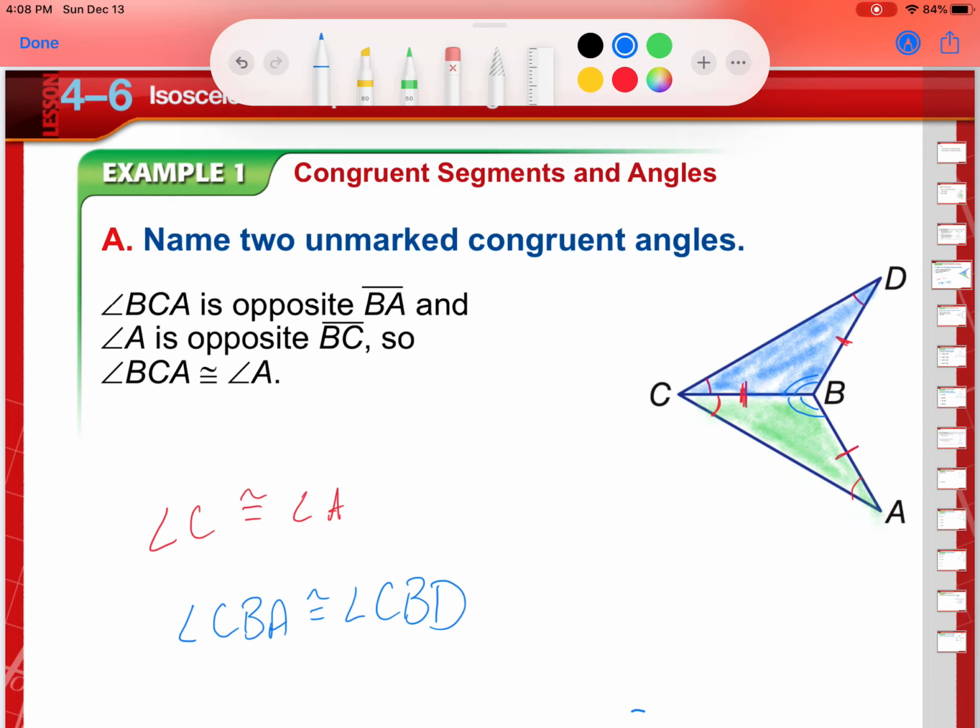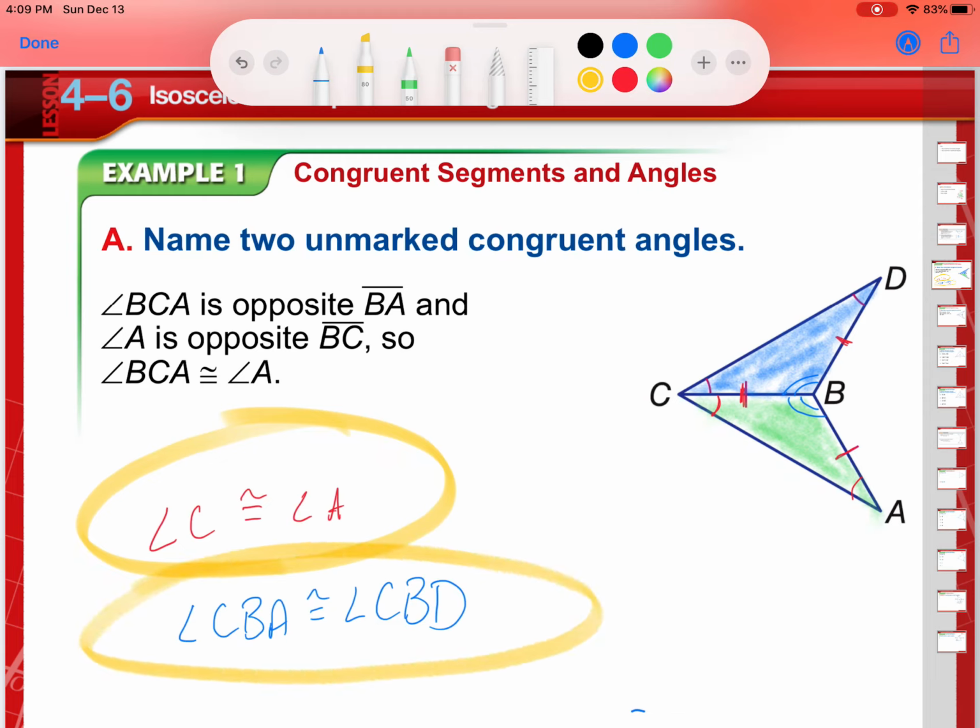Now, that one would have taken a little bit more work, and if it asked us to explain, it would take a little more explanation, because we would have to say, okay, well, based on the Isosceles triangle theorem, CPCTC, essentially these two triangles are congruent, which means their vertex angles must be congruent as well.